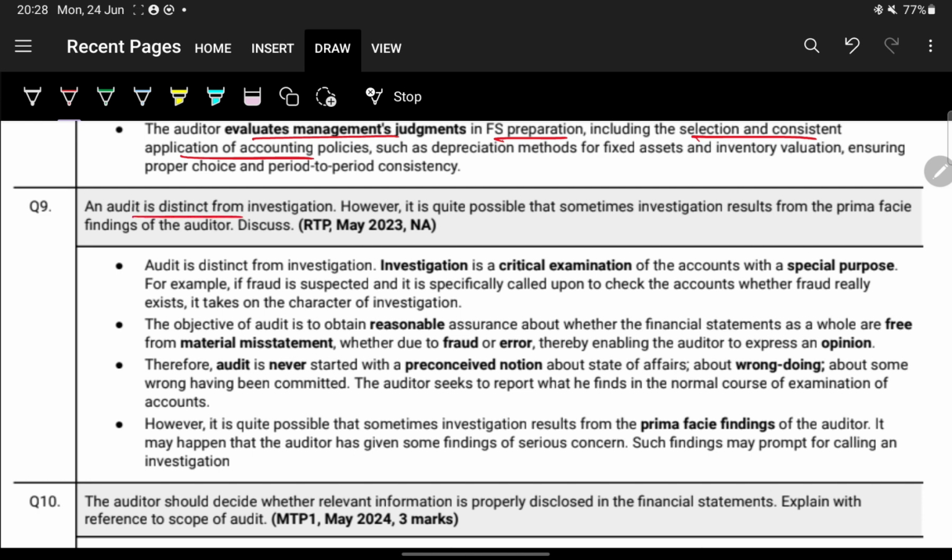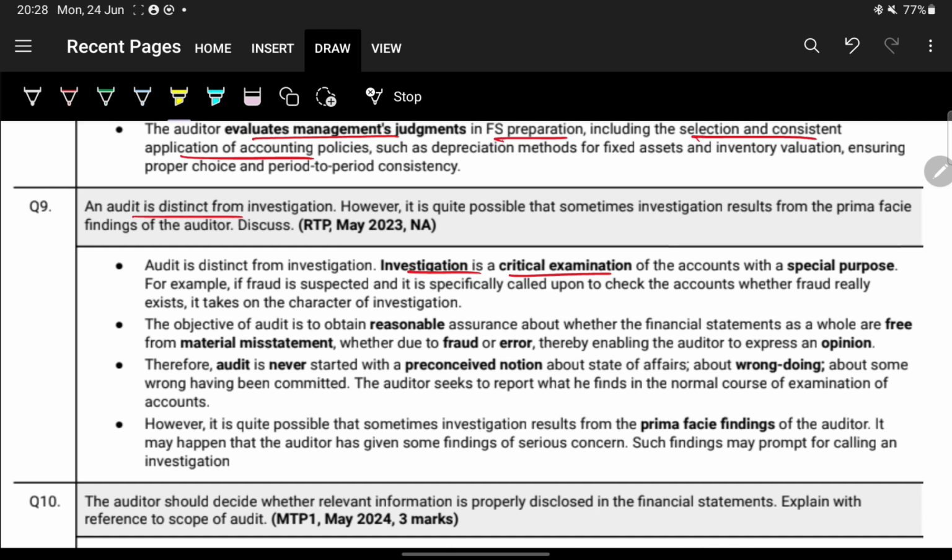Next, an audit is distinct from investigation. Yesterday and in the other revision videos that I put, I discussed what an investigation is, right. Investigation is a critical examination of the accounts with a specific purpose. This is one of the keywords, right.